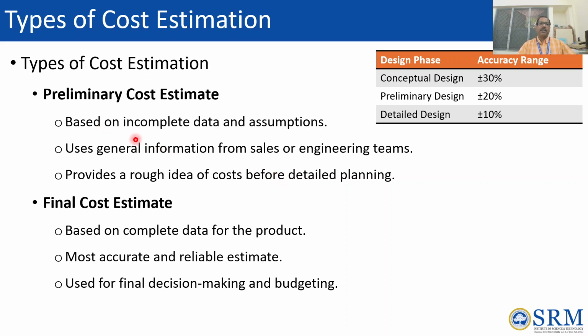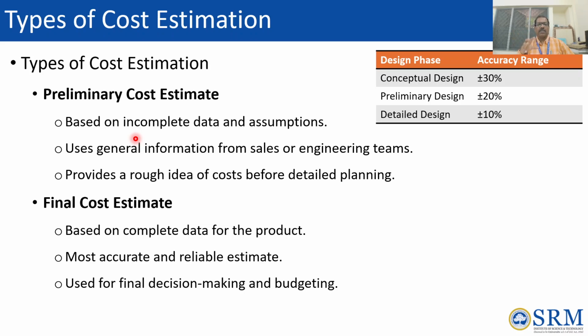It is based on incomplete data and assumptions. So we don't have all the data. When we don't have all the individual or detailed data, then we have to go with the preliminary cost estimation, based only on incomplete data and a few assumptions.